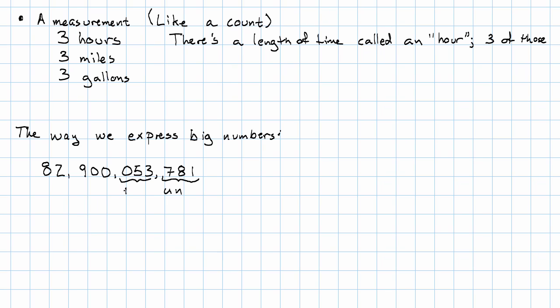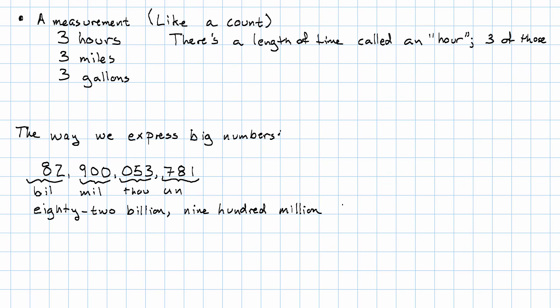This group will be the thousands. This group will be the millions. And this group, let's see, after millions comes billions. So the name of this number would be 82,900,053,781.